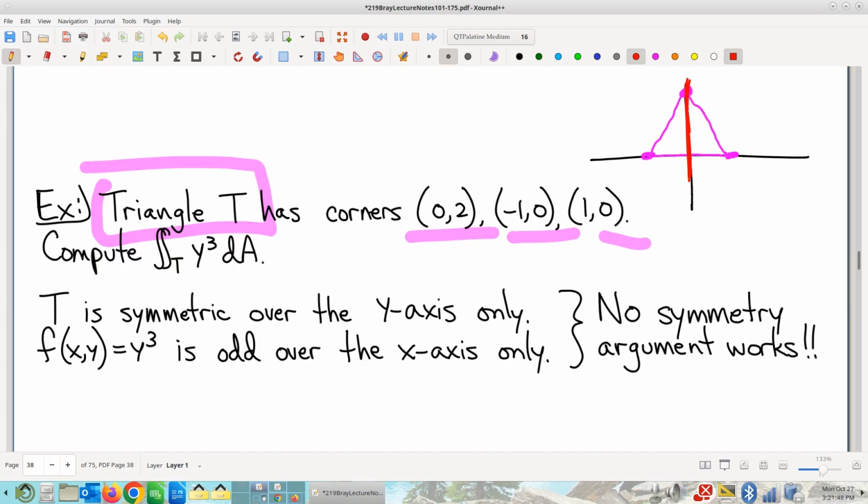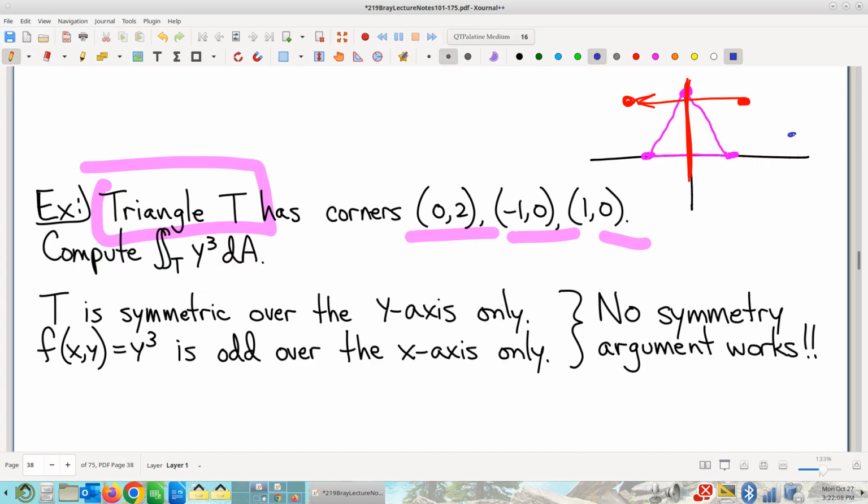the y-axis, right? But if you think about it, reflection over the y-axis puts a minus sign on the x-coordinate. This does not negate when you put a minus sign on the x-coordinate. It negates when you put a minus sign on the y-coordinate.